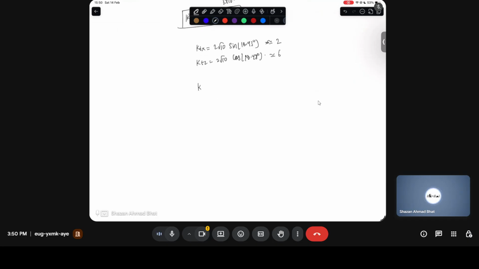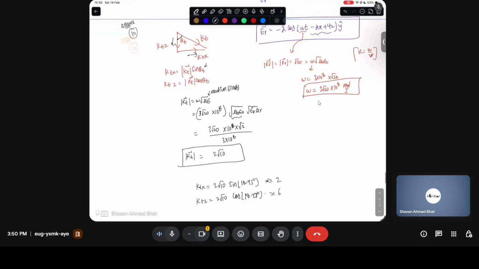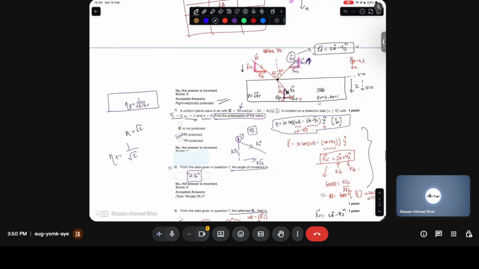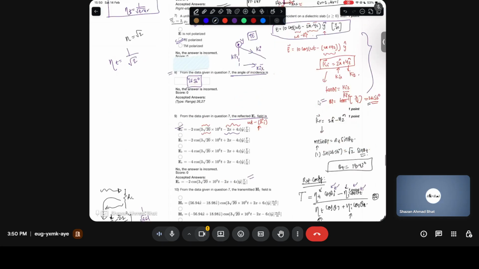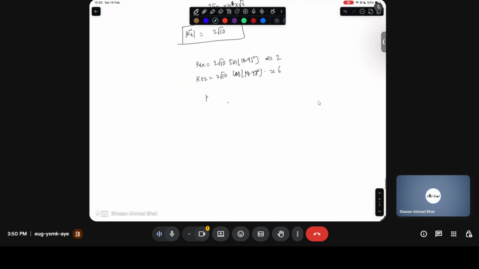And kt is basically twice x plus 6z. You know that when the wave was incident in this direction, it was going in almost the same direction as it was coming. So the kt will be equivalent to twice x plus 6z.